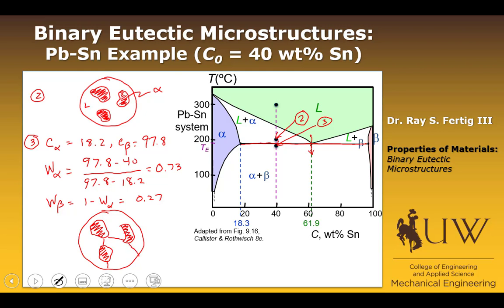Inside these grains, we're going to have a eutectic microstructure that comes about, just like we talked about in the previous example. So this particular microstructure could look something like this. And then we can have one that maybe is vertical, for example, here on the microstructure. Okay, so that's the microstructure that we have.